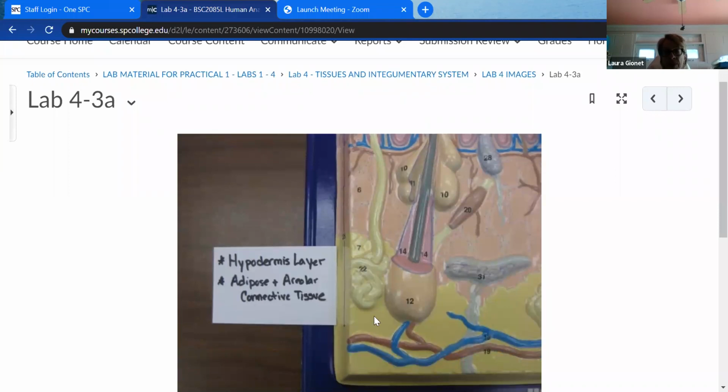I could be pointing, having a little arrow that has an A on it. I'd say, what is identify layer A? And you would say hypodermis or subcutaneous. Or I'd say identify one of the two tissues found in layer A: adipose connective tissue and areolar connective tissue.